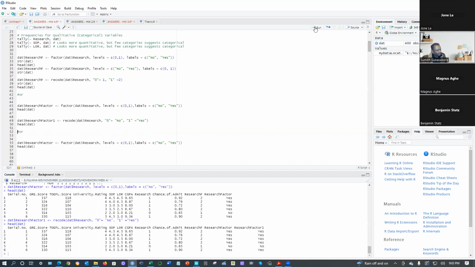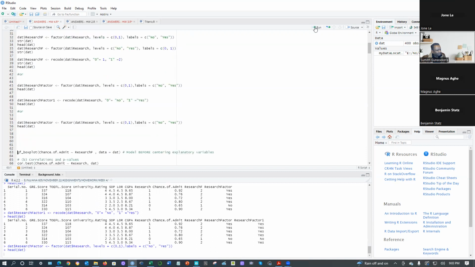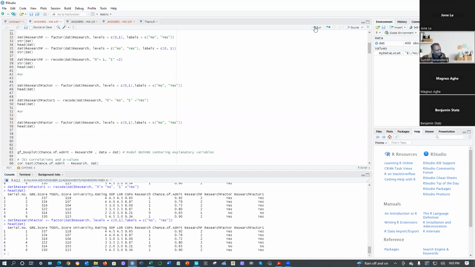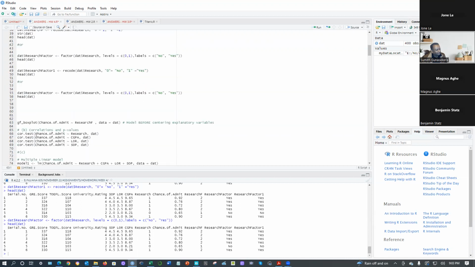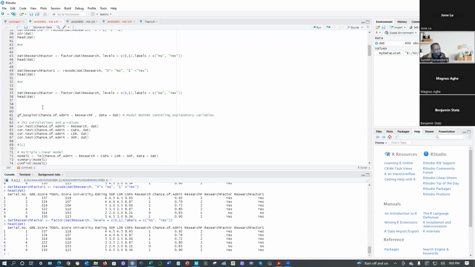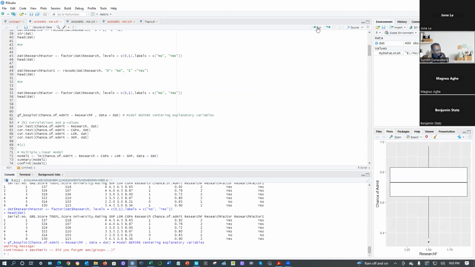They've been included over there. Yes, no, yes, no, three of them. We can get that done in several ways: factor, recode, like that. Then I'm going to talk about some kind of centering.